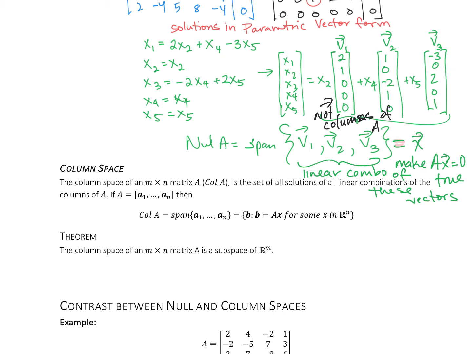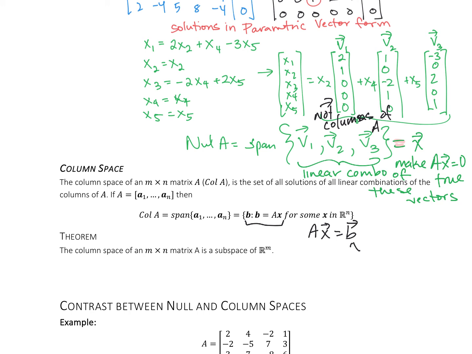It is a span of vectors, but it is not the same span of vectors that we're talking about for the column space. The column space is the span of the vectors that make up the columns of your A matrix. It turns out that these are actually solutions to the Ax equals b equation, which is fun.